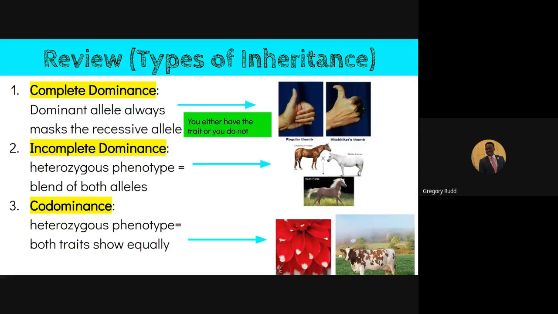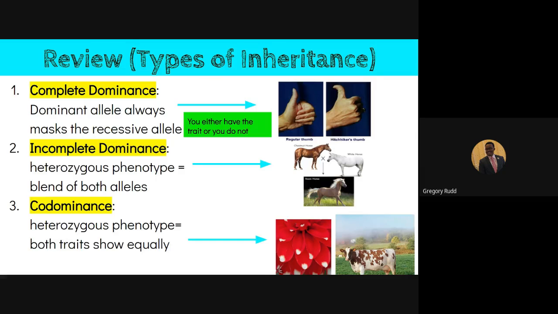So in complete dominance, when I have a heterozygous genotype, meaning I've got 1 dominant allele and 1 recessive allele, the phenotype of that is going to be the dominant trait, because the dominant allele will mask the recessive allele.